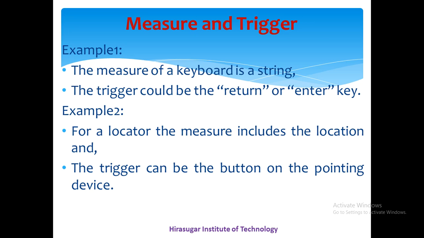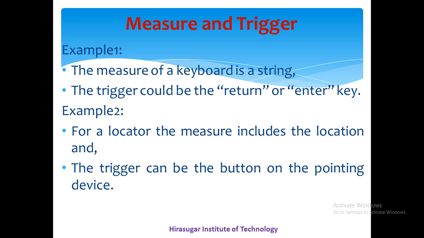One more example. If you are using a locator, the measure is the location. As I told, the measure is x and y, the location on your monitor. Then when that x and y will be given to your application program, the trigger can be a button on the pointing device, meaning button press or button release.